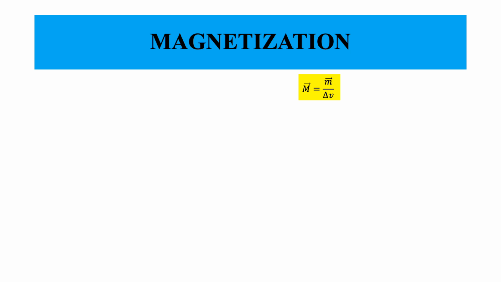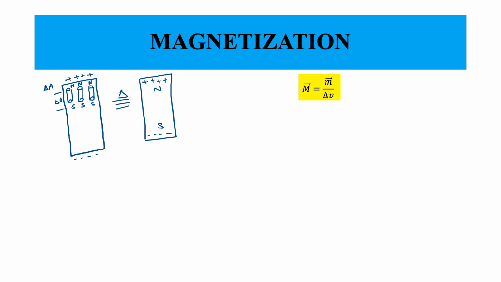For permanent magnets such as a bar magnet, remember the equivalent dipole idea we were talking about. You can imagine a positive and a negative fictitious charge forming a dipole moment, and each can be thought of as a north and south pole. This is the traditional view of magnetism, having two poles, north and south. North corresponds to a fictitious positive charge, and south corresponds to a fictitious negative charge.